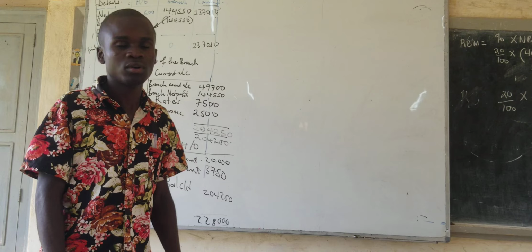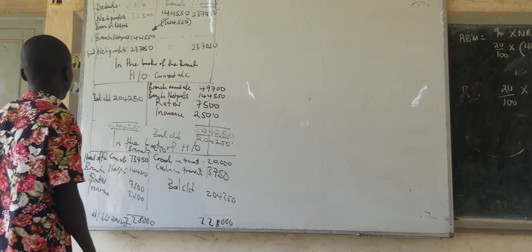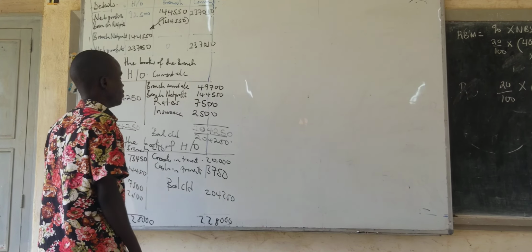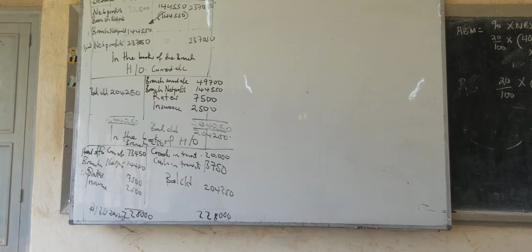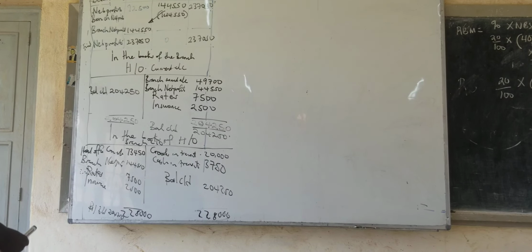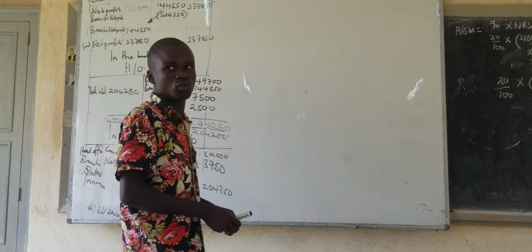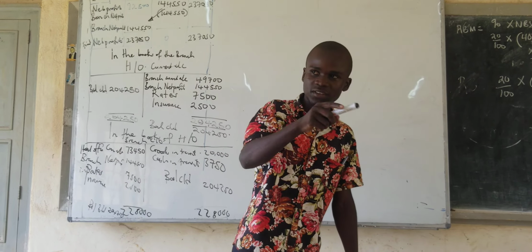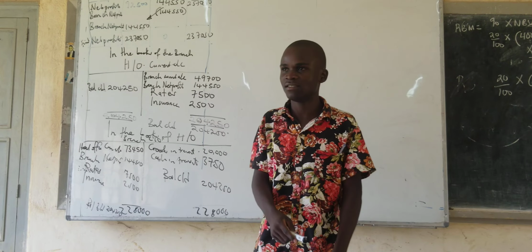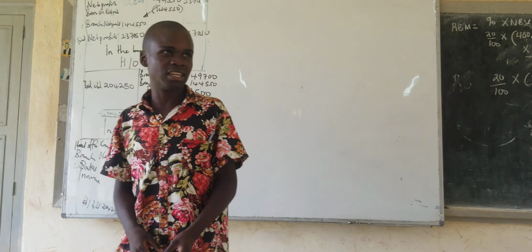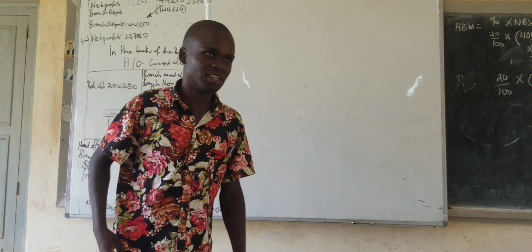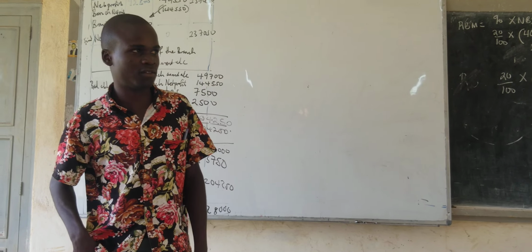Now the branch accounts have two current accounts: the branch current account and the head office current account. One thing you should know is the head office is a creditor in the branch, and the branch is the debtor to the head office.